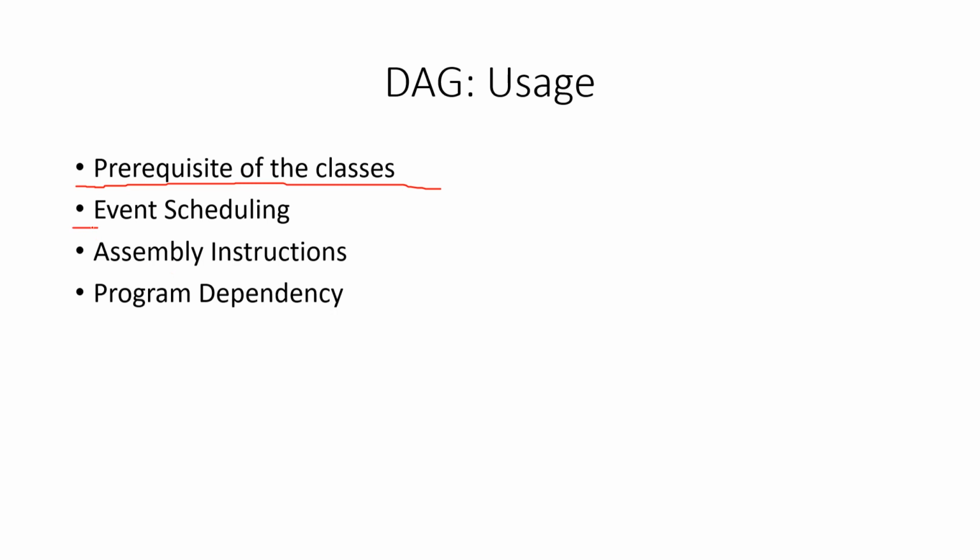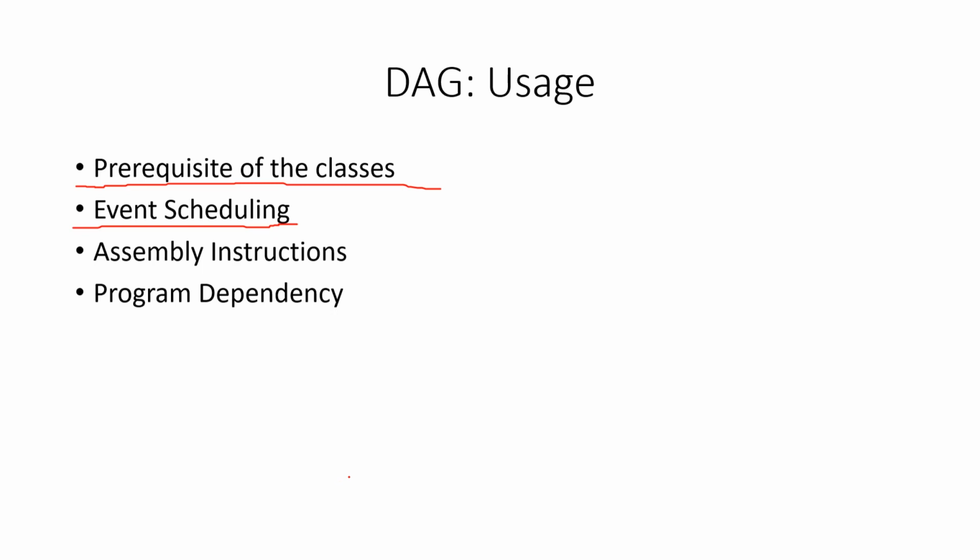Next is event scheduling. When you plan some events, in order to do some events, you need to do others before them. For example, Kazakh weddings usually consist of two parts, right? The first part is called Kosaraju, and the second part is the wedding itself.